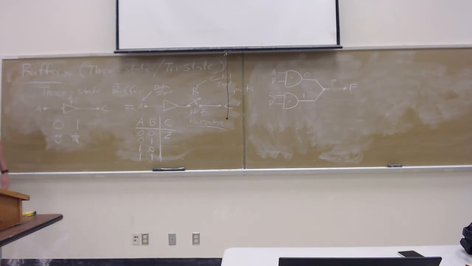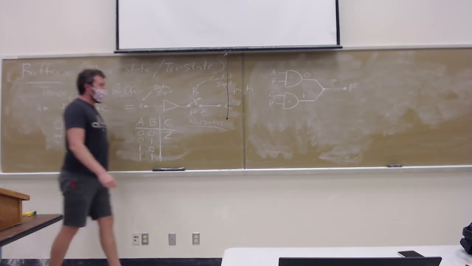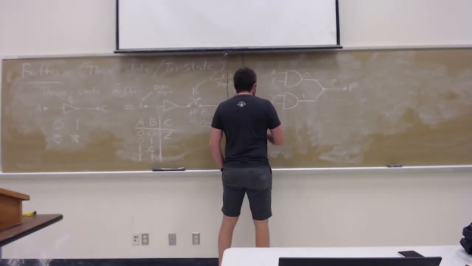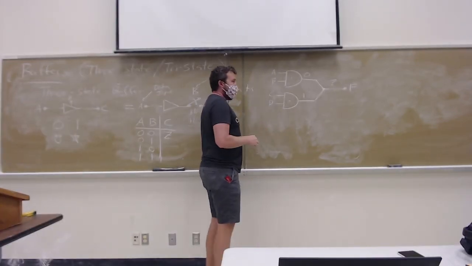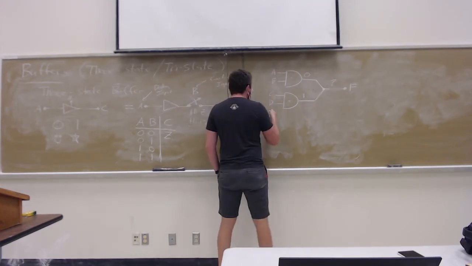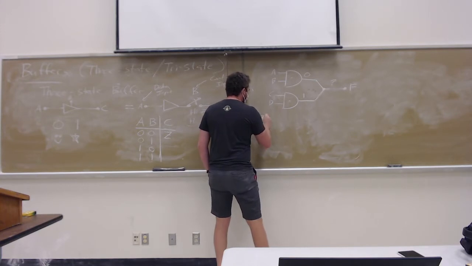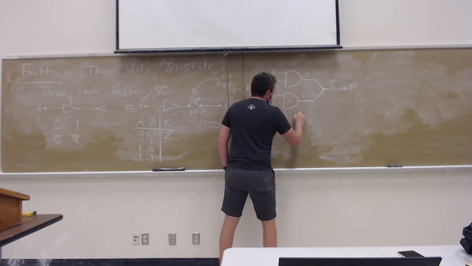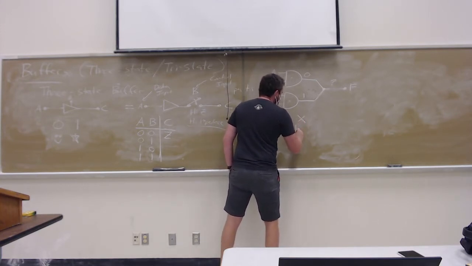So we've added this piece to our lexicon. Now a Boolean variable can have 4 values, sort of a violation of the rules we had before. A Boolean variable can be 0. It can be 1. Remember we had X. What was X? Don't care.